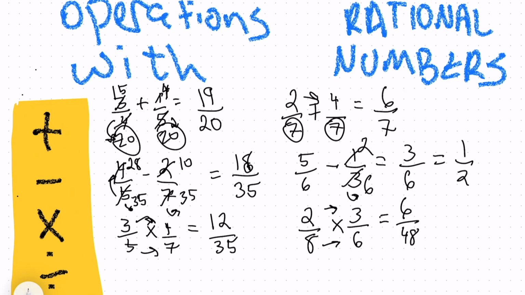Notice here that both of these numbers, 6 and 48, are even, so I know that they can be reduced. They could be reduced by 2, but I'm wondering if they could be reduced any further. Well, they can also be reduced by 3, but I'm still wondering if there's a bigger number. And yes, there is. 6 goes into 6 one time, and 6 goes into 48 8 times. So we're left with the fraction 1 over 8.